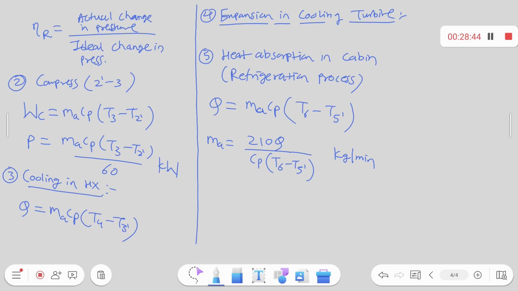Then cooling, heat absorption in the cooling process. Formula of compressor work, formula of ramming process, and formula of heat absorption inside the cabin. That is important. And the last point, COP. What is COP? Coefficient of performance, which is equal to refrigerating effect divided by work input.